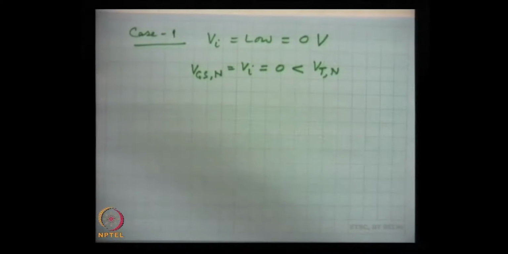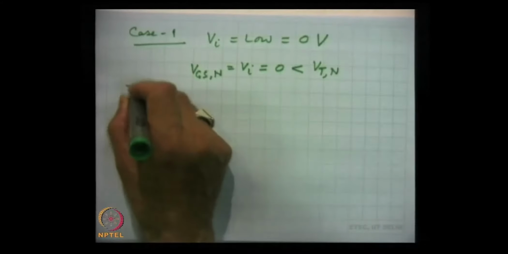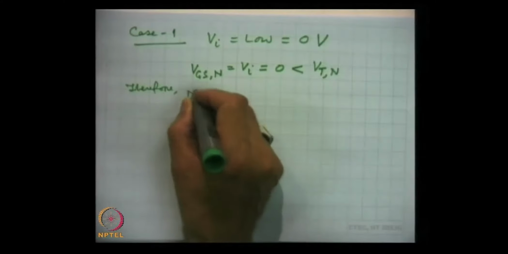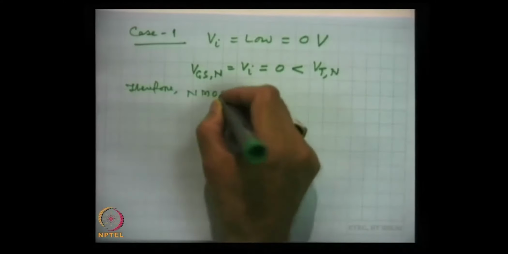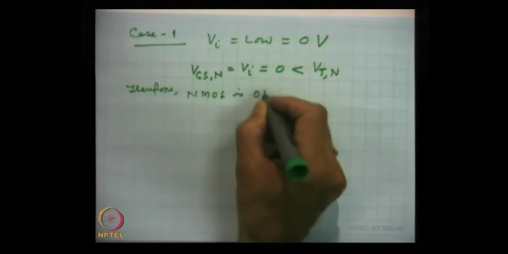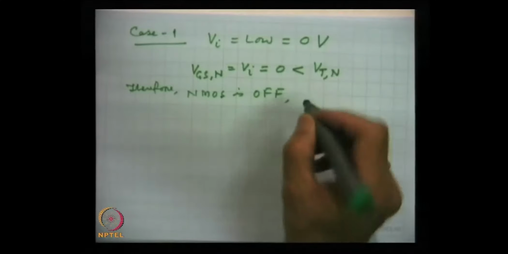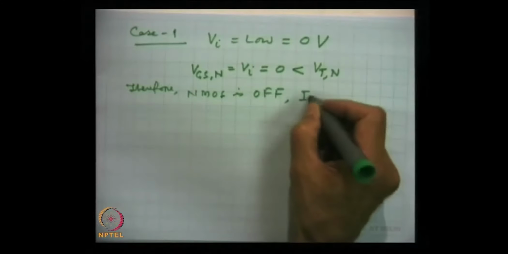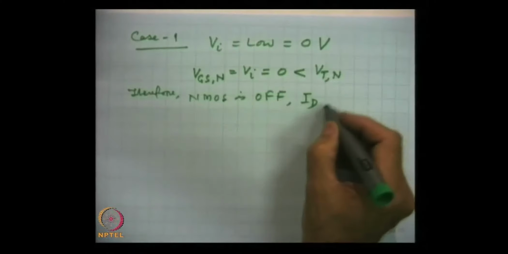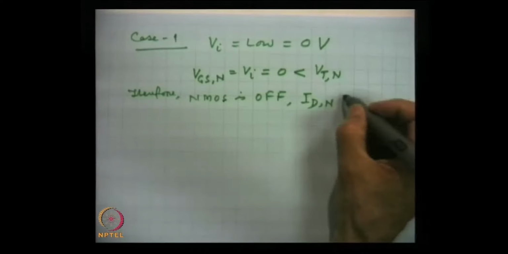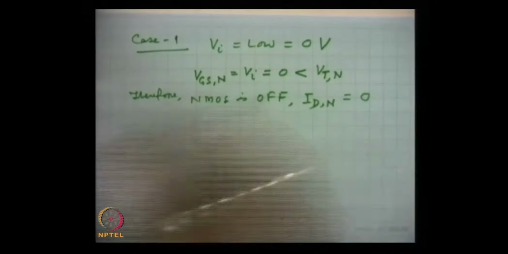Hence the NMOS is in the off state, and when the transistor is off, the drain current IDN in the NMOS is equal to 0.